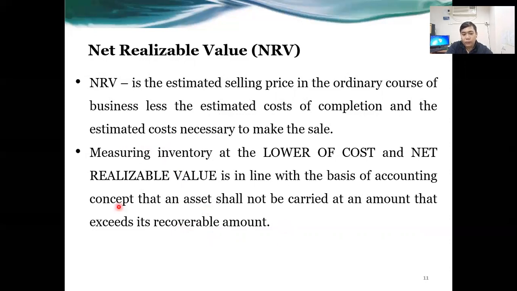Please take note that the recoverable amount is also the same as the NRV. If we look at NRV, it is the price less cost to complete and cost to sell. It functions as a recoverable amount. So do not be confused between NRV and recoverable amount, they are almost the same. However, recoverable amount is a very broad term since it is used for different assets, while for inventory, NRV is used.